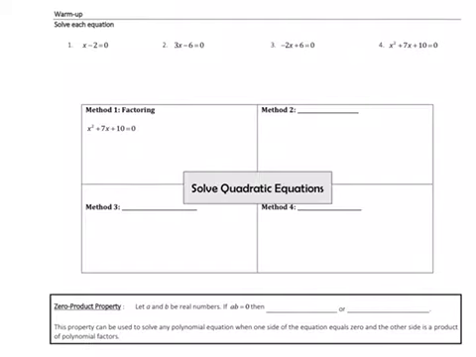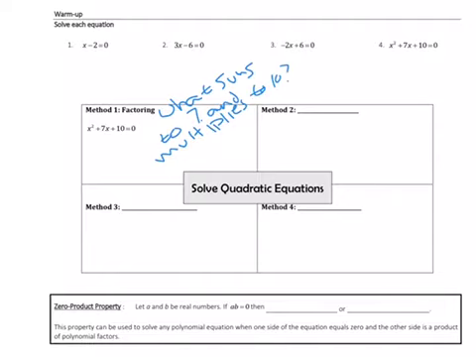Hopefully, you remembered that the goal when we have that type of polynomial is we need to find out what sums to 7 and multiplies to 10. What are those two numbers?